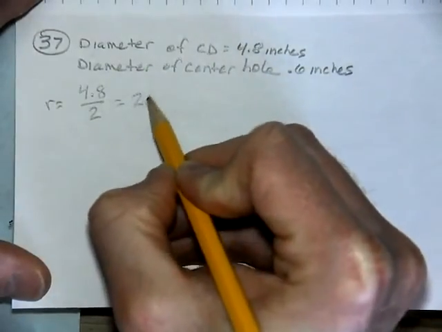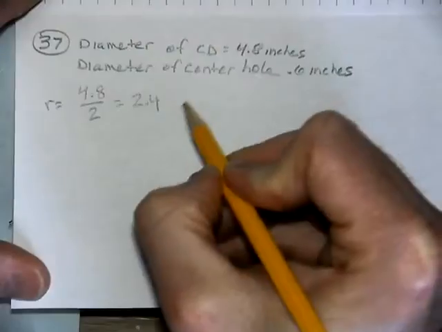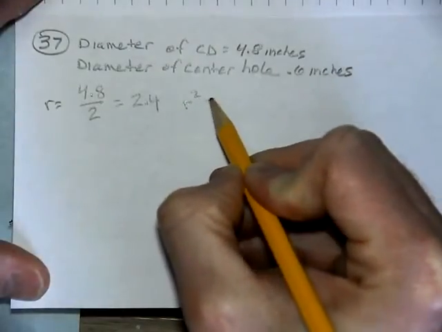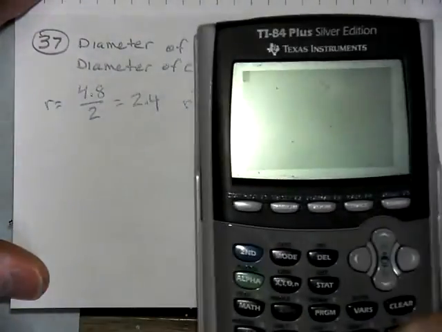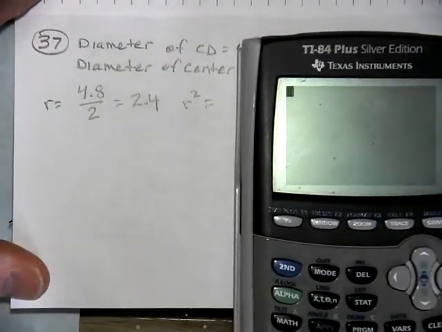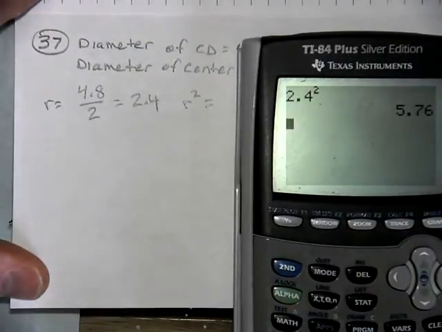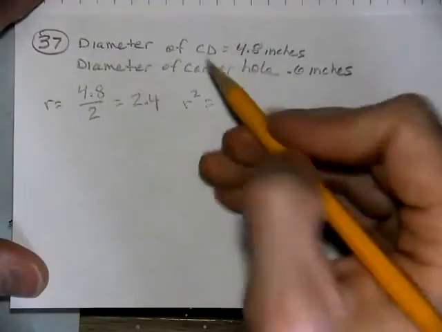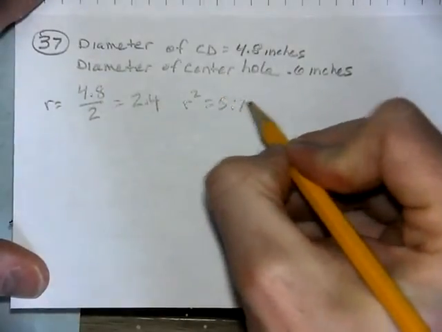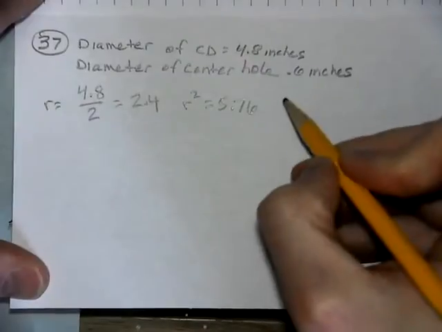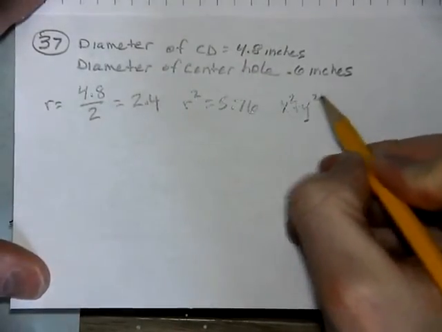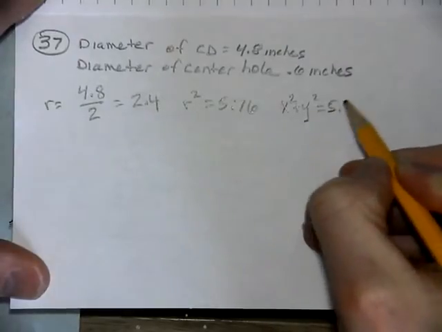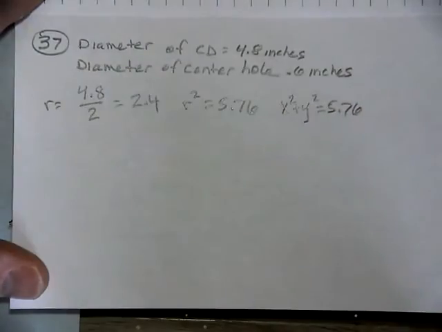So we're going to get 2.4. And when we square that, we get 2.4 squared, which is 5.76. So our equation is going to be x squared plus y squared equals 5.76.